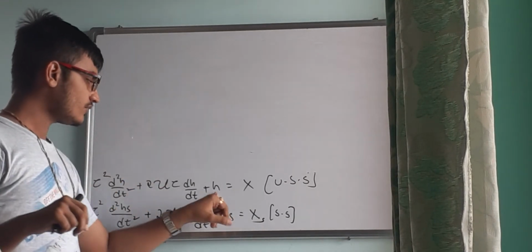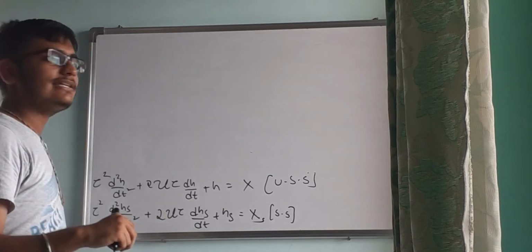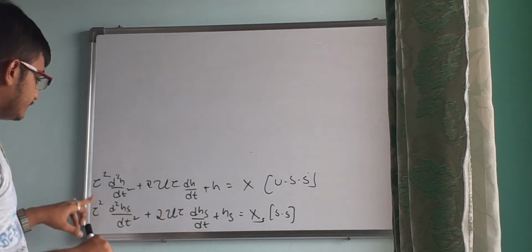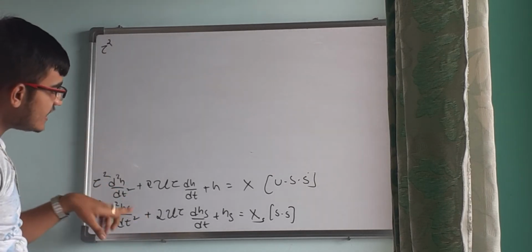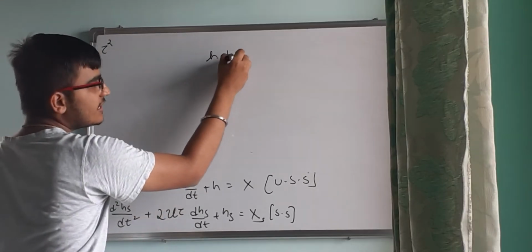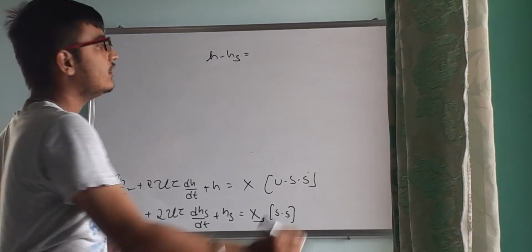Now, when you apply the steady state and unsteady state and subtract, tau square is common, h minus hs.